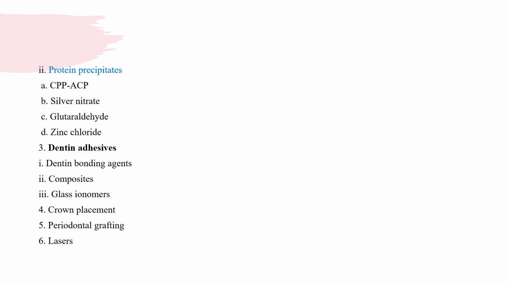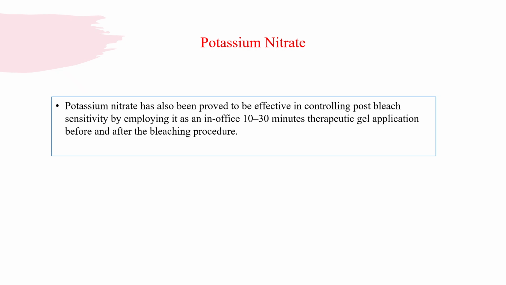By the method of dentin adhesives, they are dentin bonding agents, composites, and glass ionomers. In certain severe cases, crowns can be placed, and in gingival recession cases, periodontal grafting can be done. And to occlude the dentinal tubules, in certain cases, lasers can also be used.